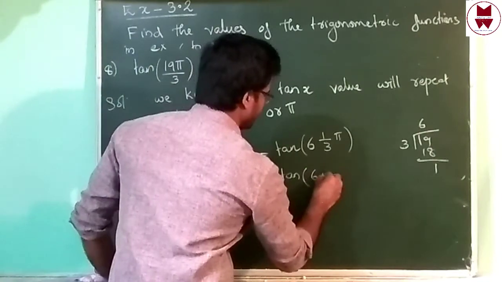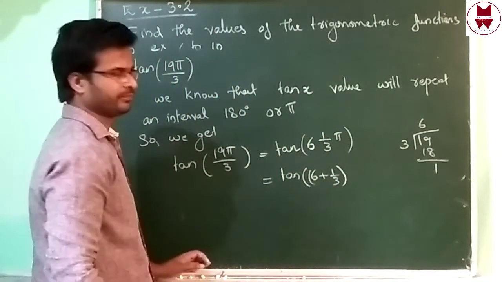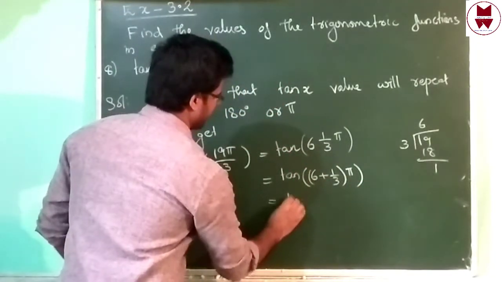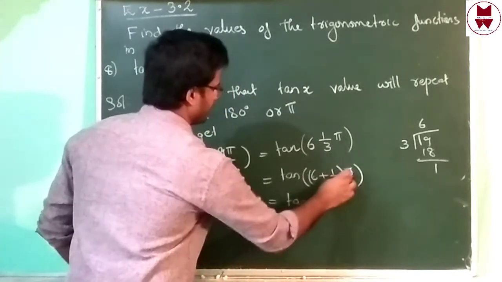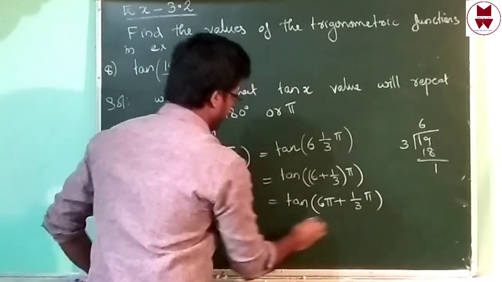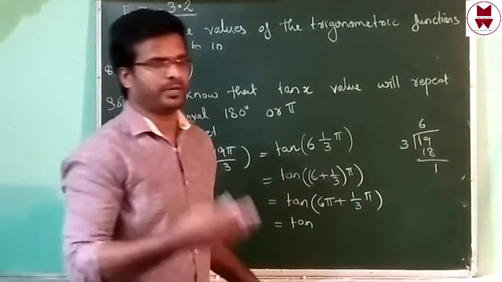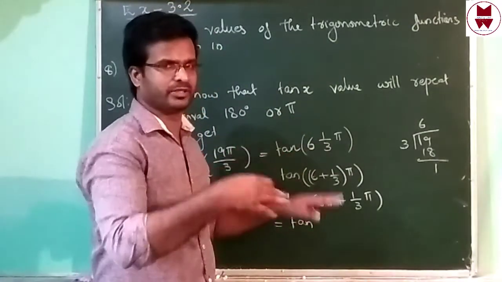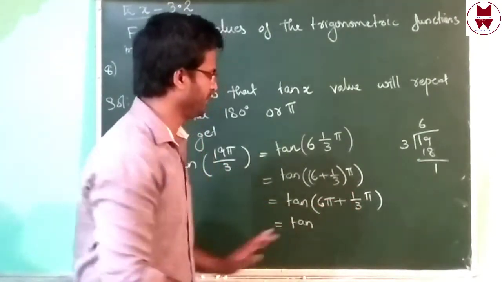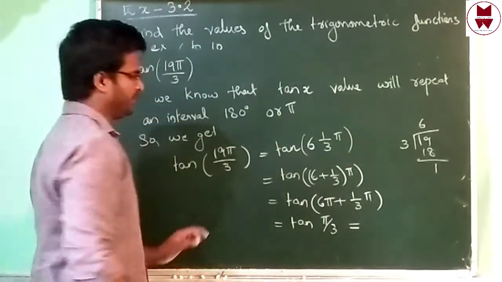That is 6 plus 1 by 3, a mixed fraction. Then tan, remove the bracket, 6 into pi, 6 pi, then 1 by 3 pi, equal to tan 6 pi. After pi, after 180 or pi, that will repeat. That means this 6 pi we need not write, no use. Then the remaining 1 by 3 pi, that is pi by 3, equal to tan pi by 3.